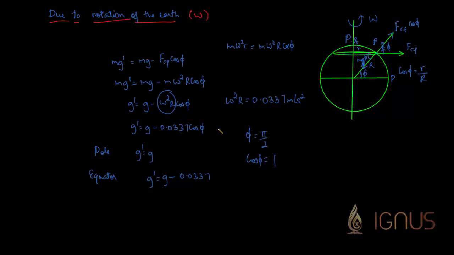So from this equation, we can see that if the person is near to the equator, g dash is minimum. So when a person moves from the pole to the equator, g keeps on decreasing. So g is maximum at the poles and minimum at the equator.